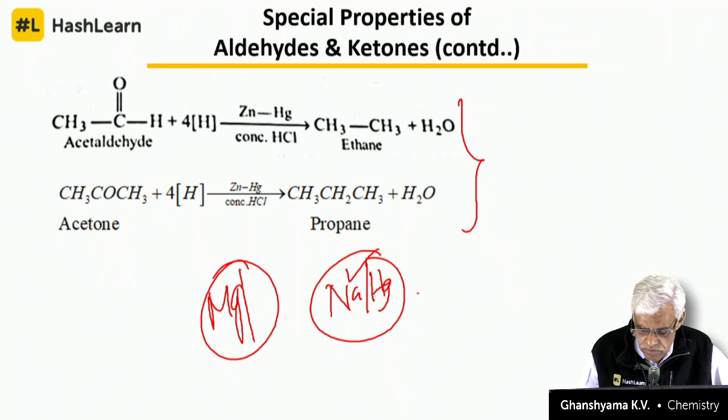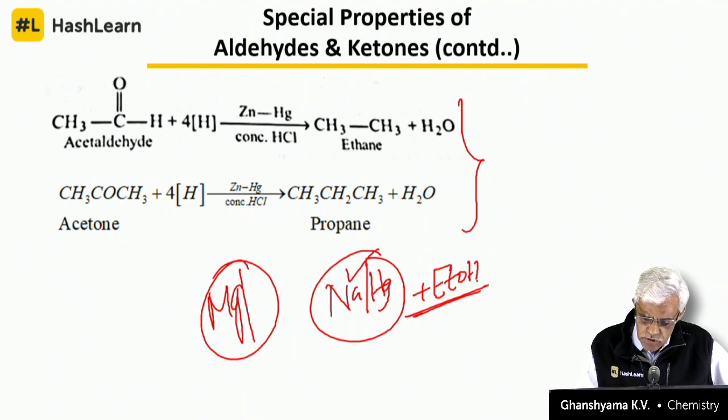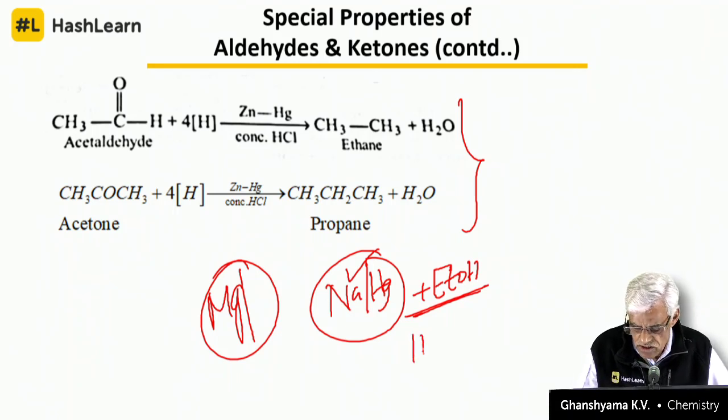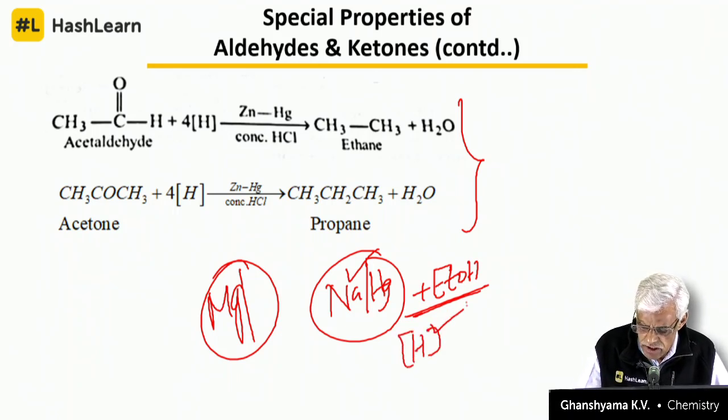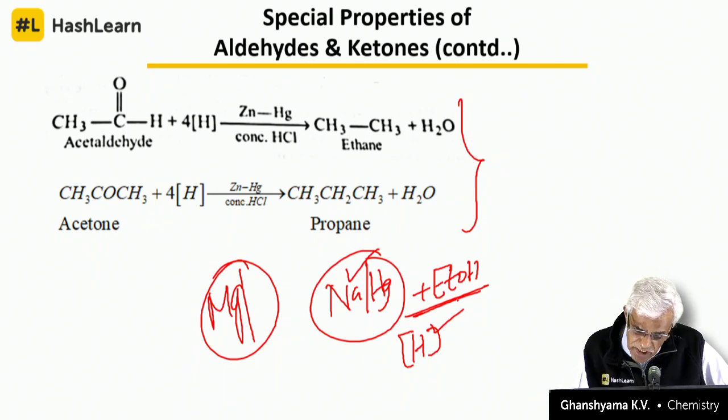Sodium amalgam plus ethyl alcohol. With sodium and ethyl alcohol, the reaction is so fast that nascent hydrogen is given, immediately all nascent hydrogen, there will be wastage of hydrogen and the reaction will not complete. There should be slow release of nascent hydrogen, and that must be utilized.